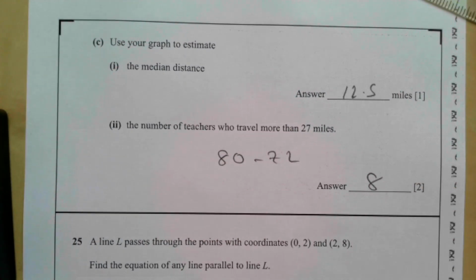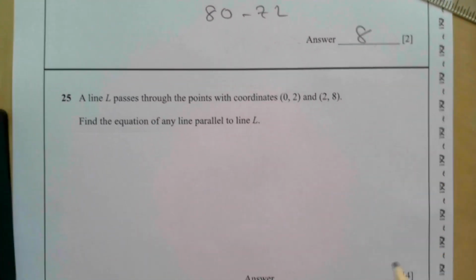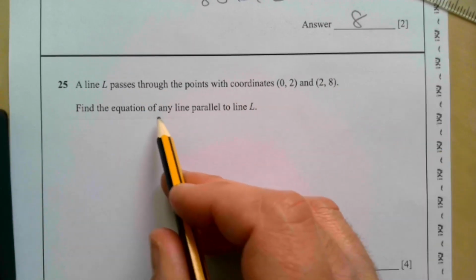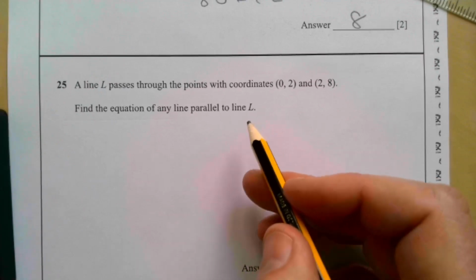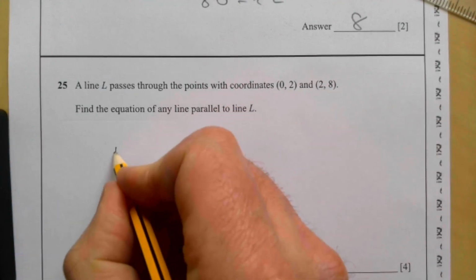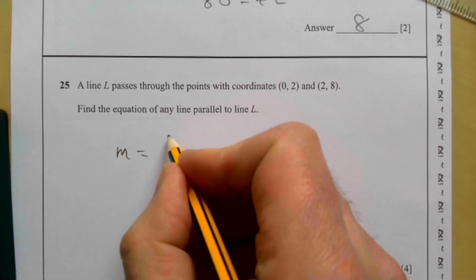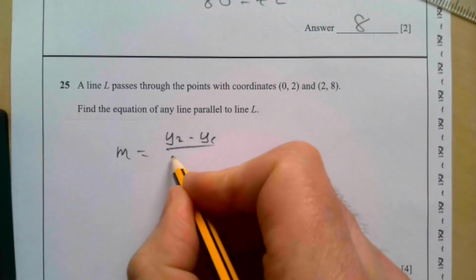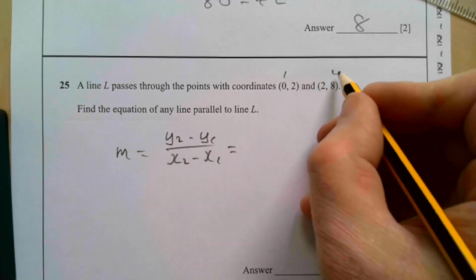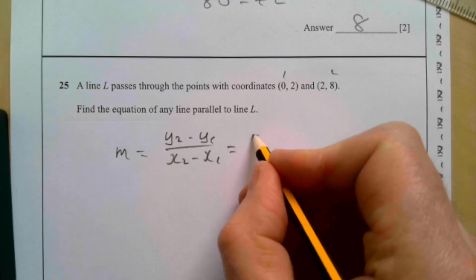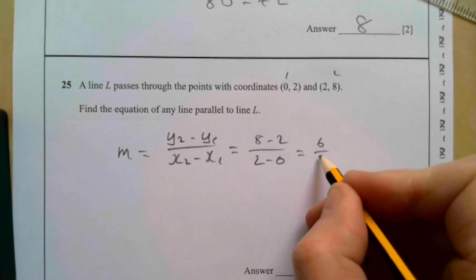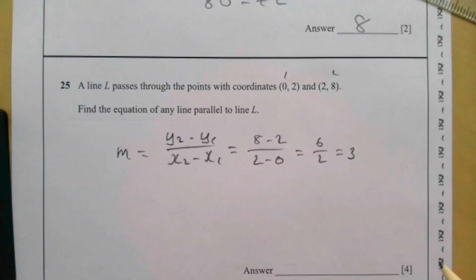Final question. A line L passes through the points (0, 2) and (2, 8). Find the equation of any line parallel to the line L. Our gradient is y2 minus y1, 8 take away 2, all over 2 take away 0, which gives me 6 over 2, and that gives me 3.